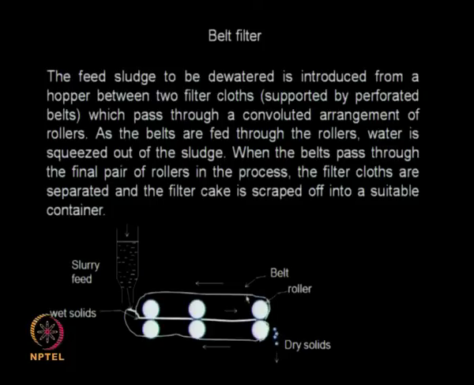Again the belt moves back, and here again you are feeding your wet solids. As it moves, the two rollers compress your solids, so the water gets squeezed out and here you get dry solids.